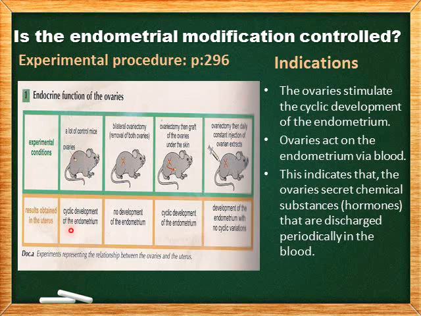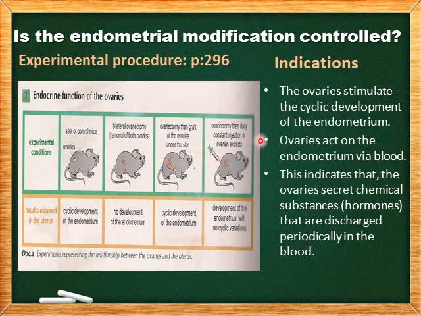The result is cyclic development of the endometrium. In contrast, in the second lot, there is no development of the endometrium when the ovaries are ablated, meaning bilateral ovariectomy, removal of both ovaries. So, no development without ovaries, development with ovaries.